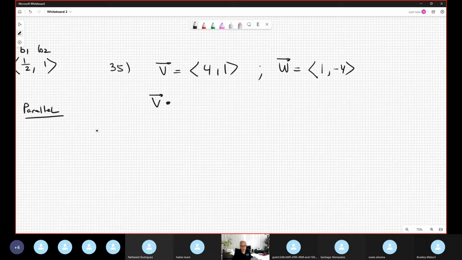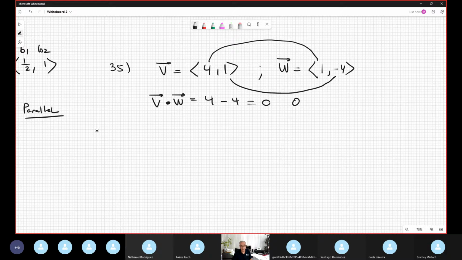You compute the dot product, which obviously is 4 times 1 is 4, and 1 times -4 is -4. If the answer is 0, orthogonal. Orthogonal is the weird word to indicate that the angle between these vectors is 90 degrees. Perpendicular.